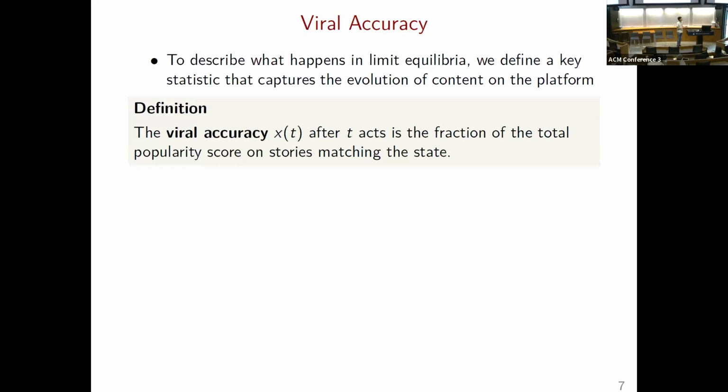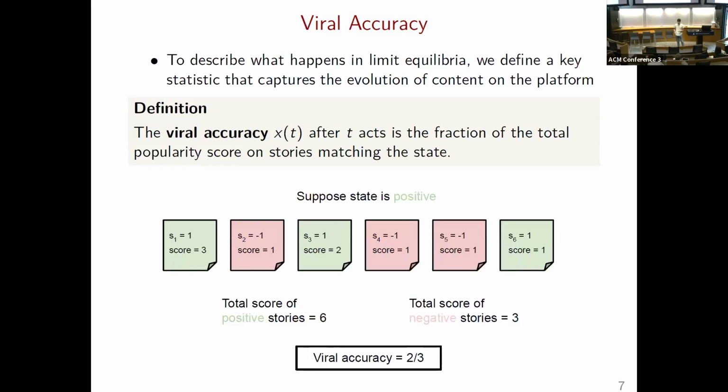The viral accuracy after agent T arrives on the platform and decides what to share is the fraction of the total popularity score that's on stories matching the state. So this is asking, when somebody has shared or posted something, how often has it matched the true state rather than the incorrect state? Just to give a quick example, back to my newsfeed from before, let's say the state is positive here.